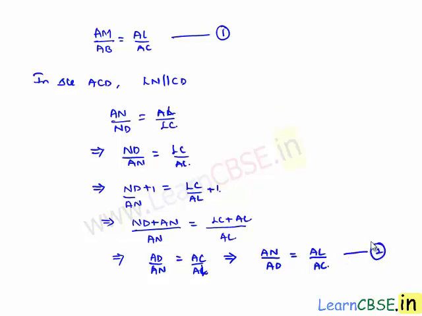In equations 1 and 2, the right hand side of the equation is equal, that is AL by AC and AL by AC. So we can equate AM by AB is equal to AN by AD, which is the proof we require to prove.